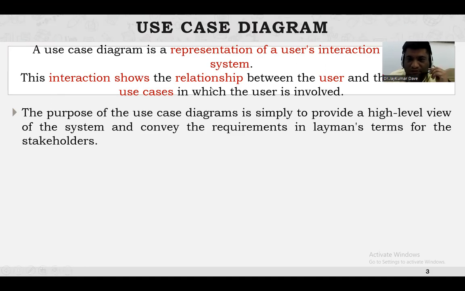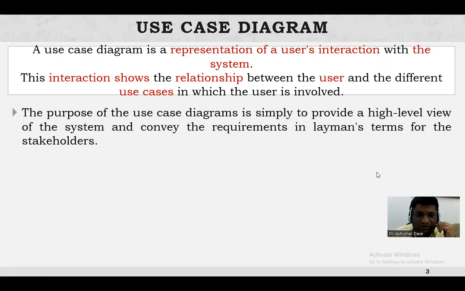A use case diagram is basically a representation of users' interaction with the system. If we take an example of any real world computer based system, say for example an e-commerce system, friends, we are already aware of several examples of e-commerce systems. Let us take the example of Flipkart.